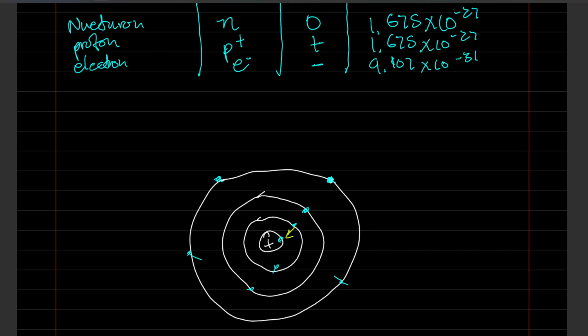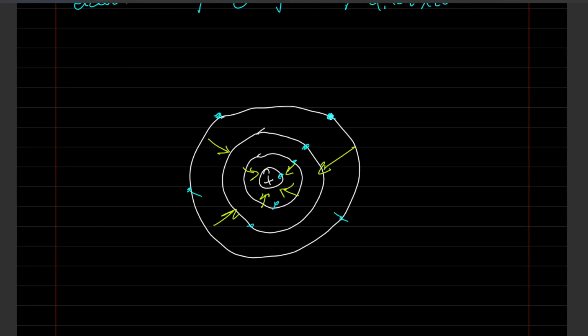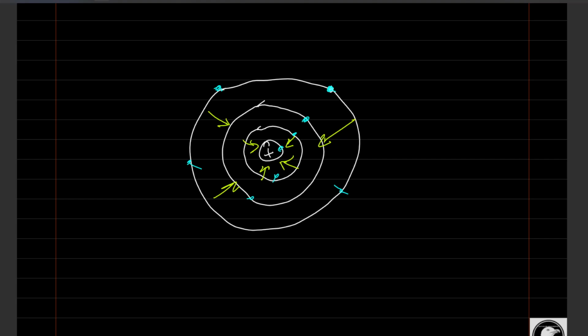This nucleus will try and pull these electrons towards it, analogous to what is happening to the planets. They are attracted to the sun. So this is also what would happen, that these electrons are being held by this nucleus, so they won't fly off so easily.